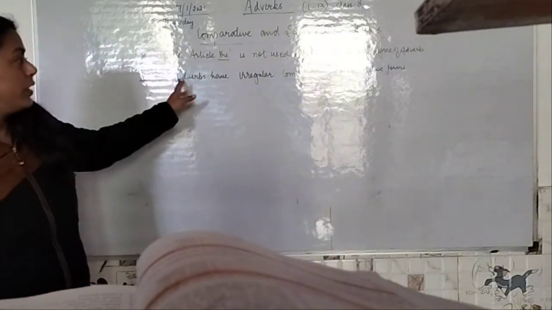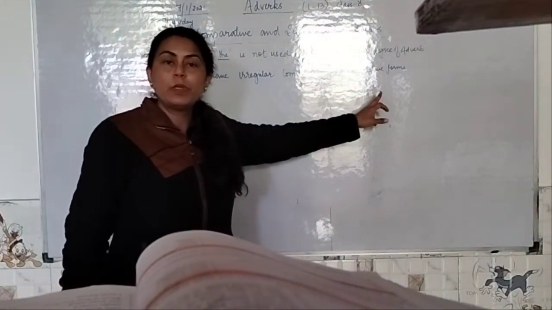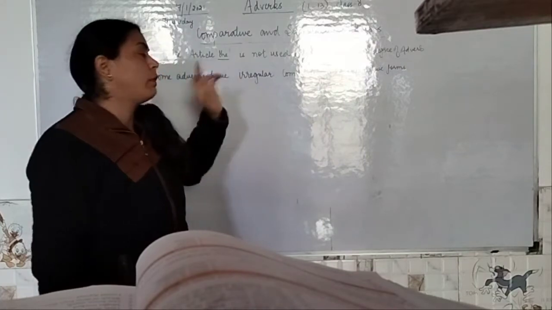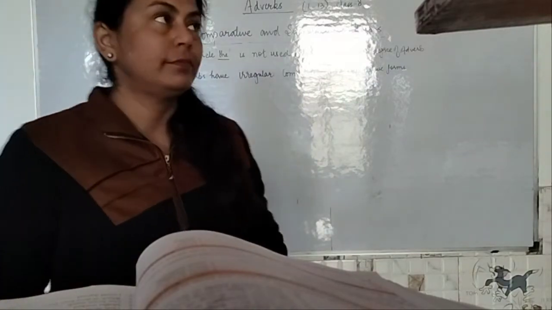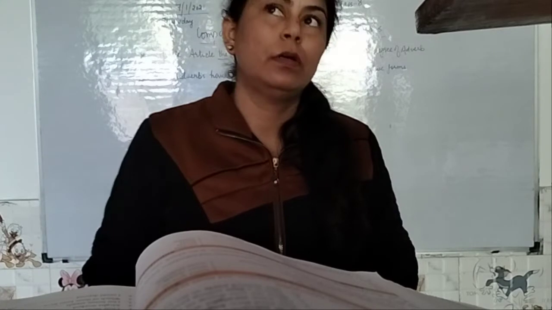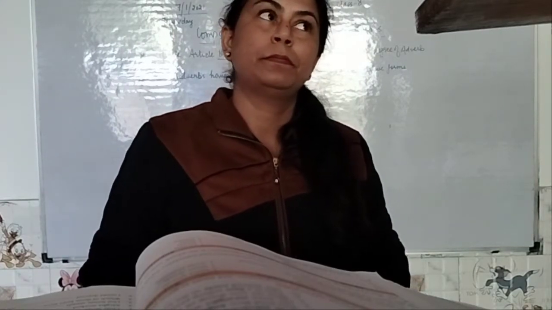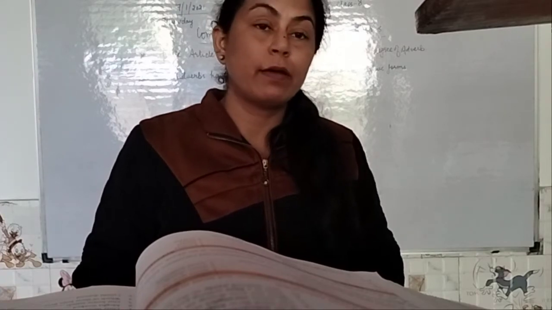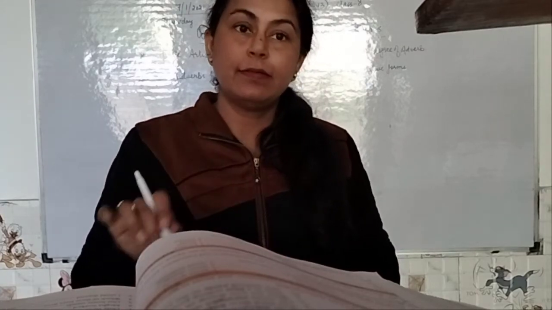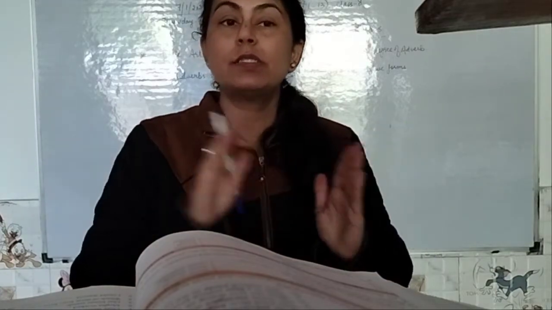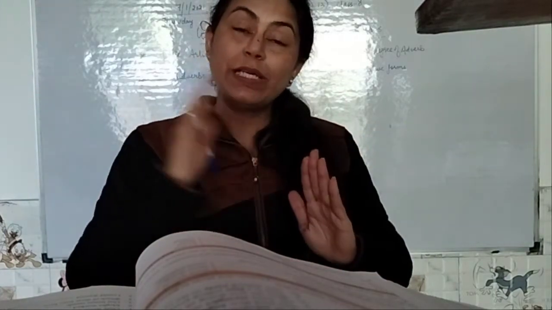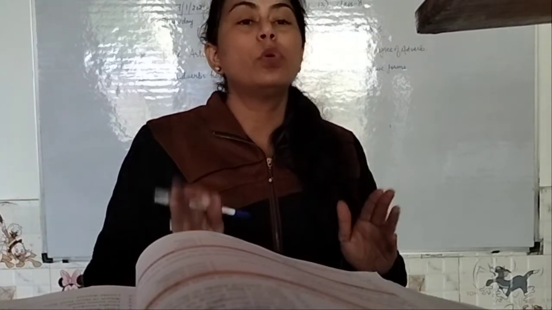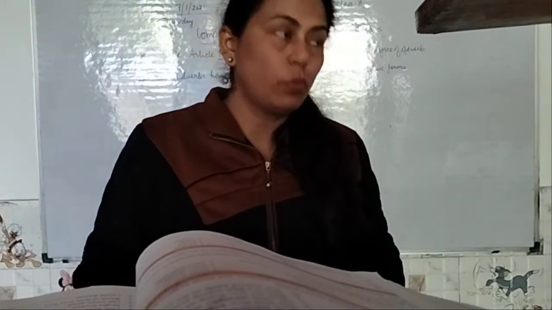Some adverbs completely change their form when we use the comparative and superlative degree; we call them irregular. Like take the word good. If we change the form of good, it is not gooder: good, better, best. So these types of words which totally change their form in the comparative as well as the superlative degree are called irregular.